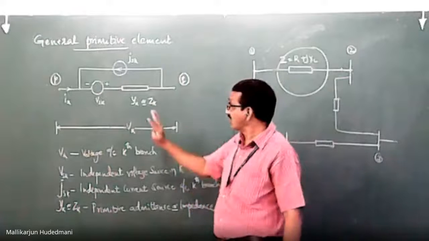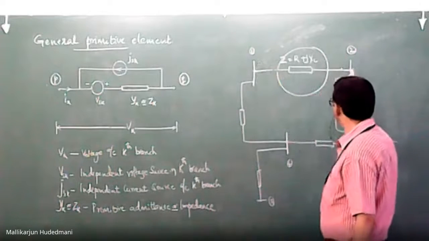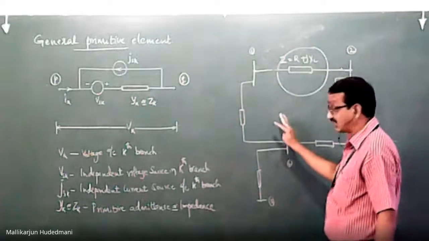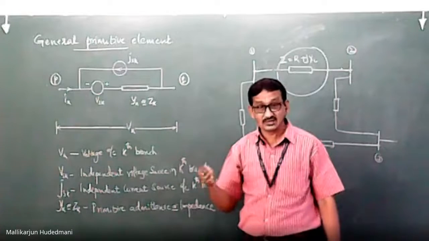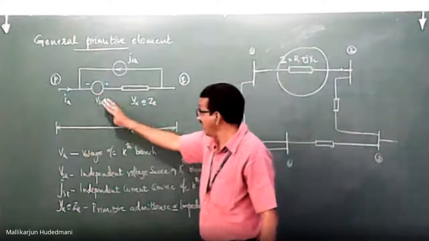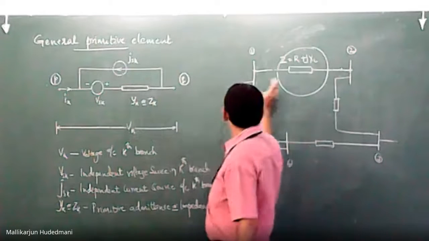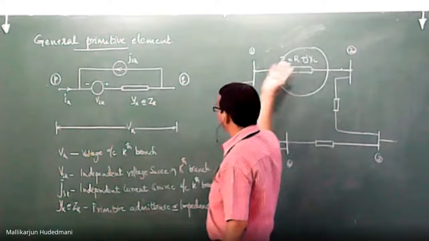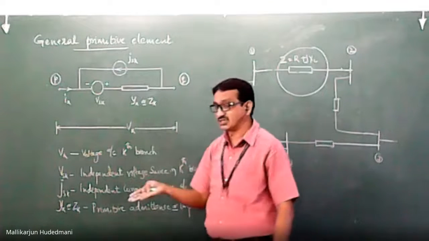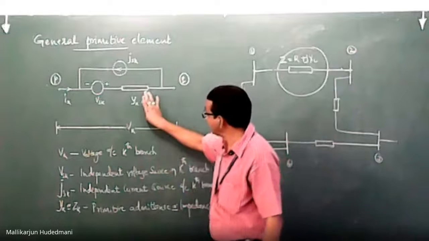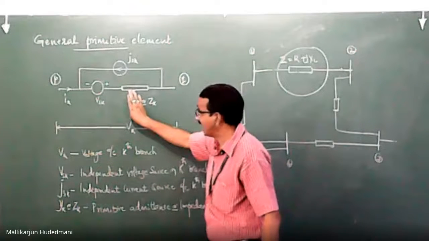So now I will come back. Any element between 1 and 2 or 2 and 3, 2 and 4, etc. shall be visualized as the possible fullest form, which may have, along with the impedance or admittance, yk or zk. When I consider admittance, I delete this. When I consider impedance, I delete this.